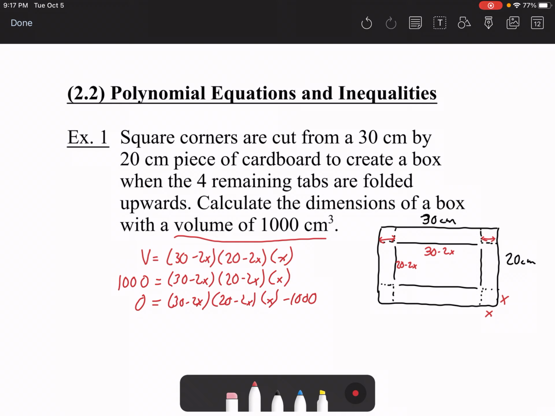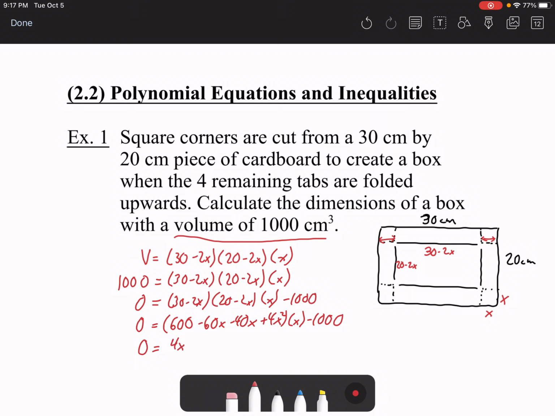So from here, what we're going to do is expand. Going to continue to expand.